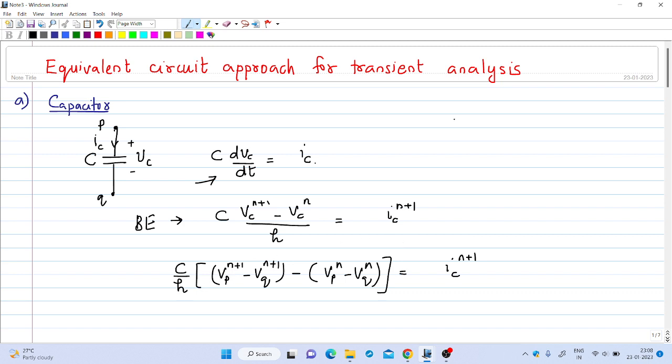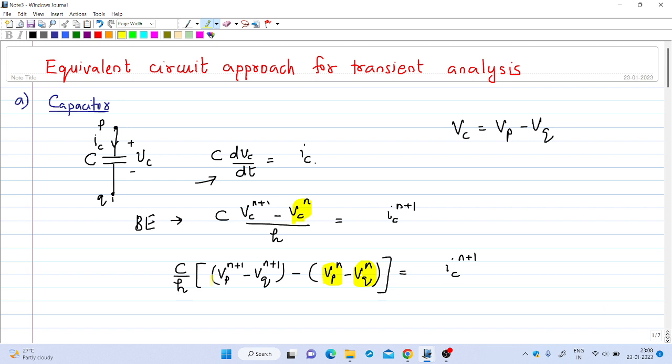So we know that Vc is nothing but Vp minus Vq from the figure. Voltage between node P and node Q is Vc. So Vc n plus 1 is nothing but Vp n plus 1 minus Vq n plus 1. Similarly, Vc n is nothing but Vpn minus Vqn.